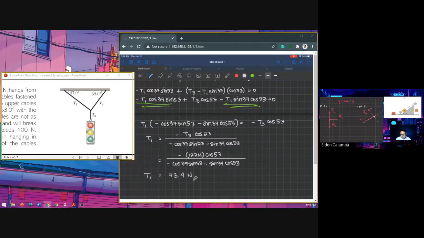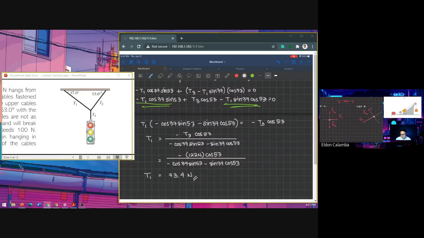So will it break si T1? Obviously, it will not break because it will not exceed 100 newtons. Okay? And then also, ito din. Baka may makakuha sa inyo ng negative. If you are solving Newton's laws of motion, if makakuha kayo ng mga negative na values, and then you have accounted for the direction, please recheck your solution.